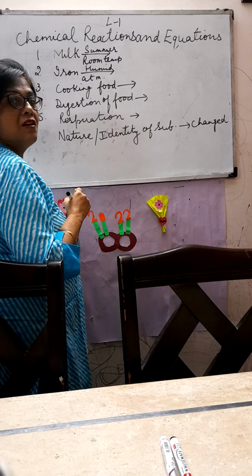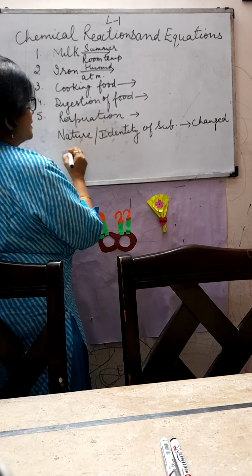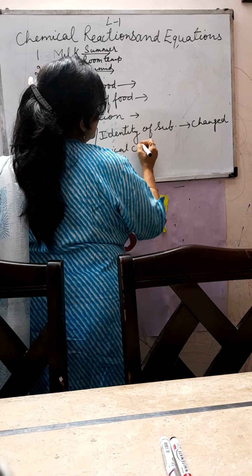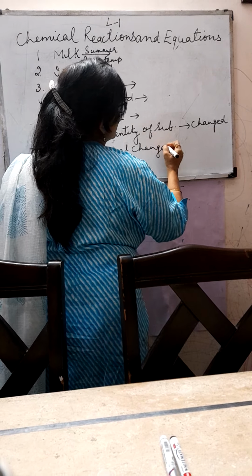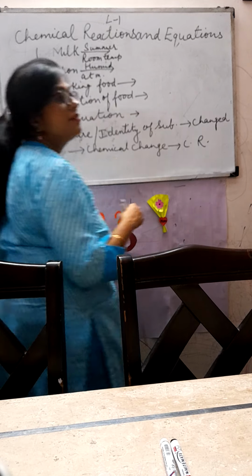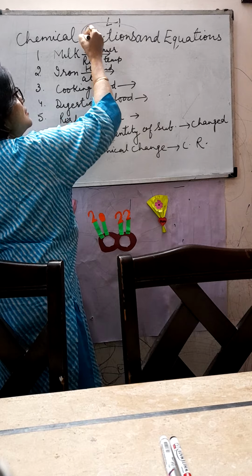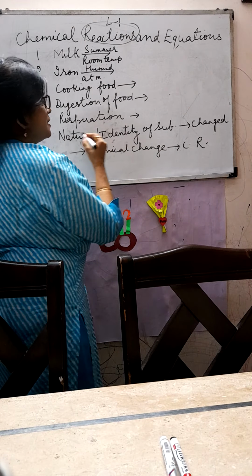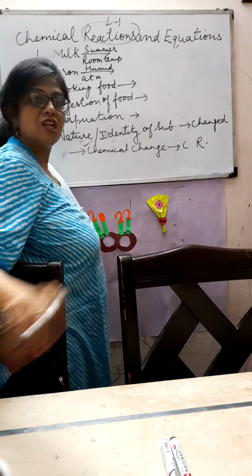Which shows that there is a chemical change taking place. And whenever there is a chemical change, this shows that there is a chemical reaction taking place. So before we study chemical reaction, we must understand what is a chemical change.